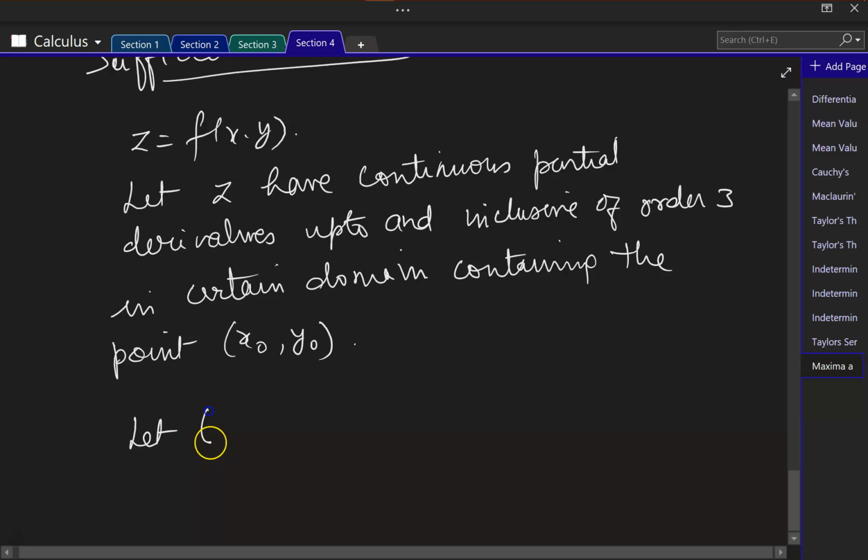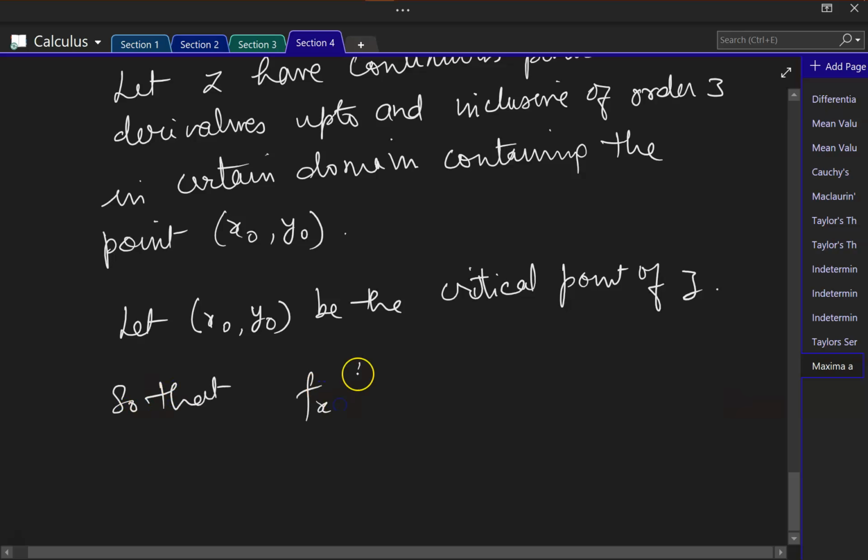Now let x naught y naught be the critical point, that means it is either a maximum or a minimum. Critical point of z, so that fx at x naught y naught is equal to 0, fy at x naught y naught is equal to 0.